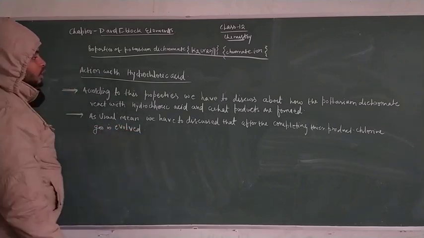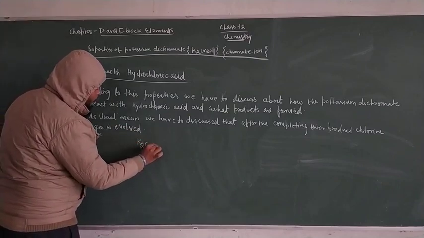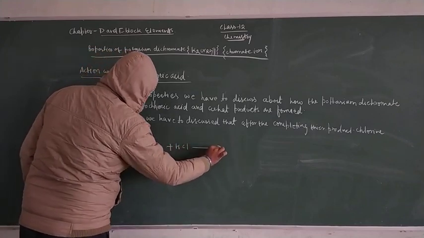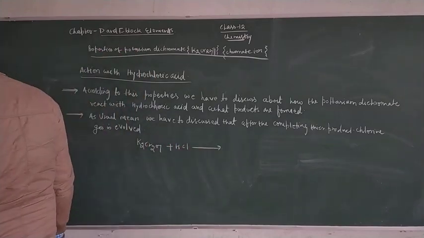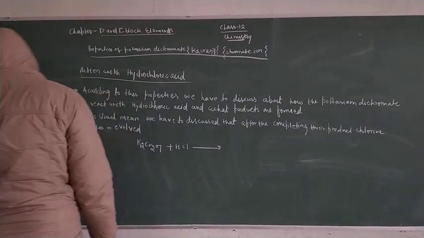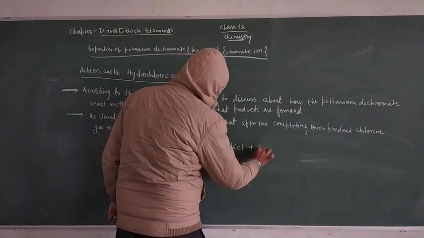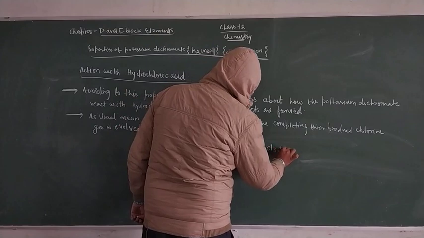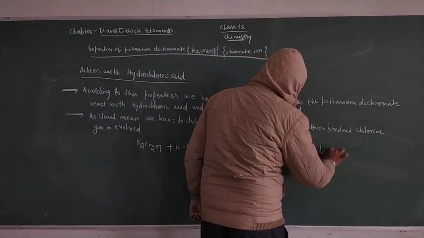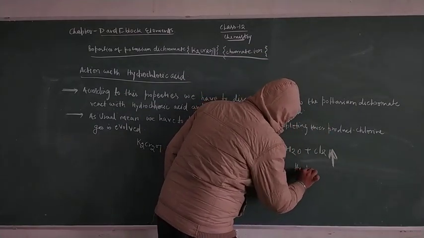We have to discuss the reaction here: K2Cr2O7 combines with HCl. The products formed are KCl plus CrCl3 plus H2O and Cl2, chlorine gas, which is evolved from this reaction.